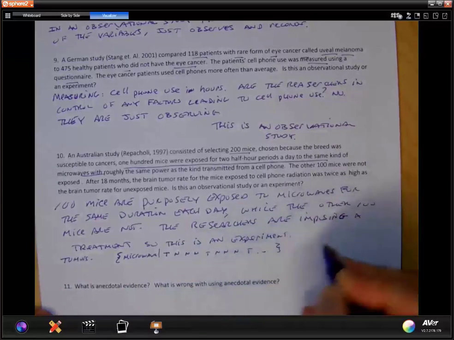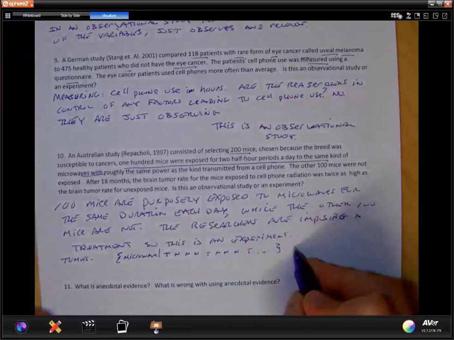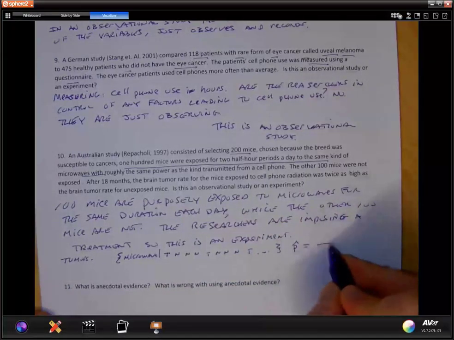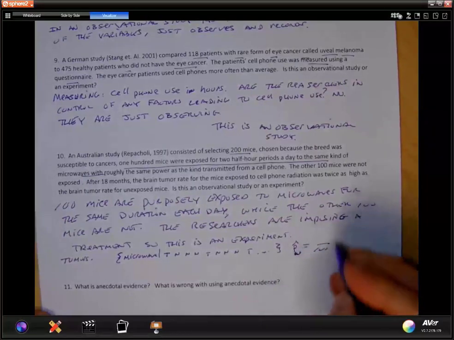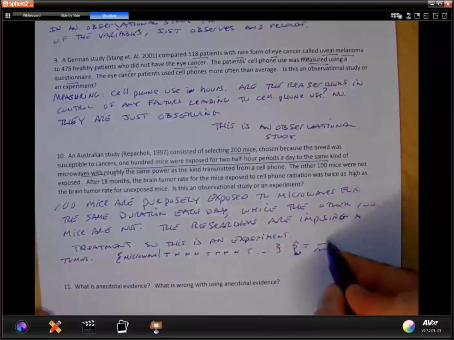When we measure this, it's going to be the number of mice, which is 100, and how many in the microwave group, I'll put a little W here for microwave, had a tumor. Let's say that 15 did.